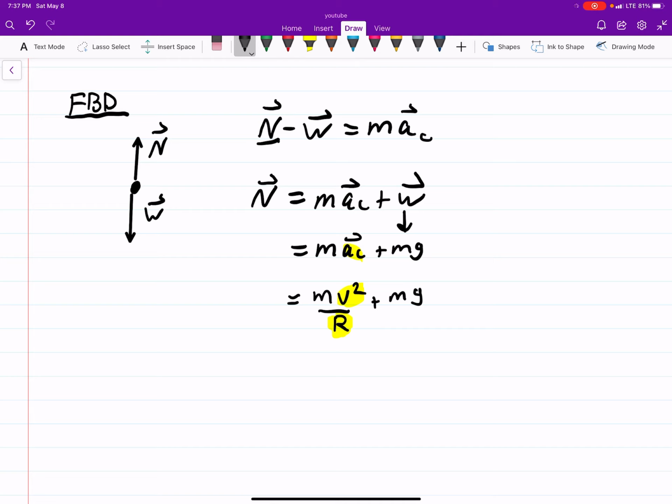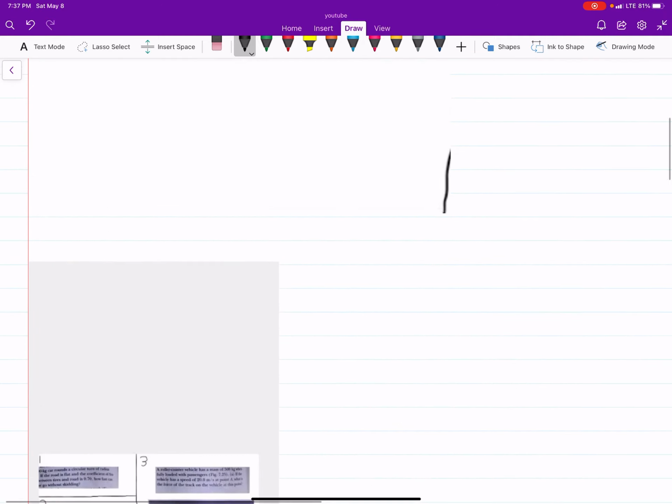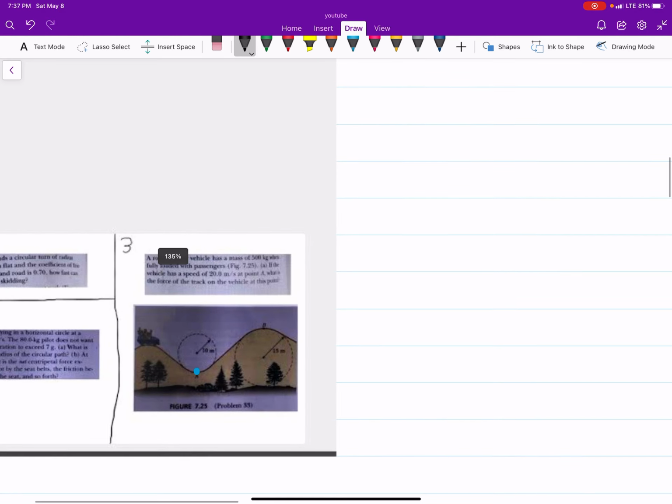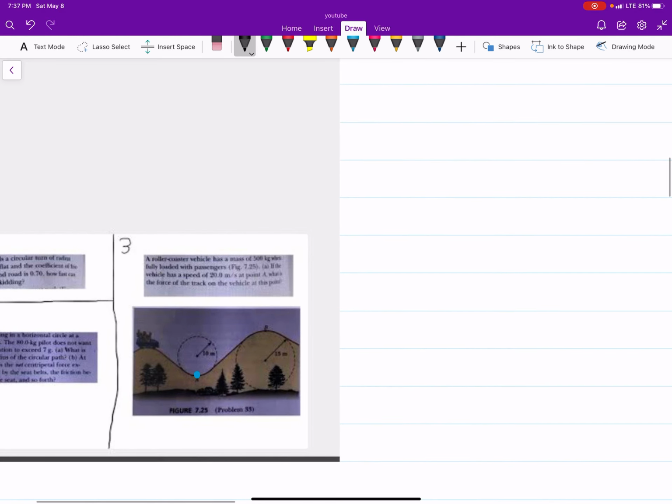And then from there we know the speed, we know the distance, so we can plug all of this in. So hopefully I can read it okay. 500 times 100 squared over 20 plus 500 times 9.81.